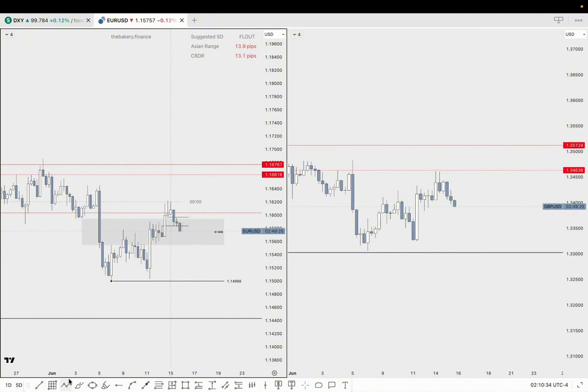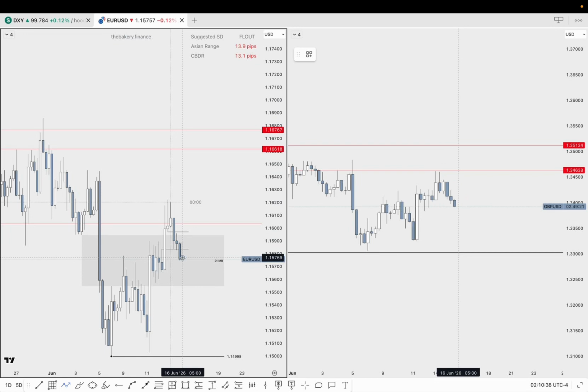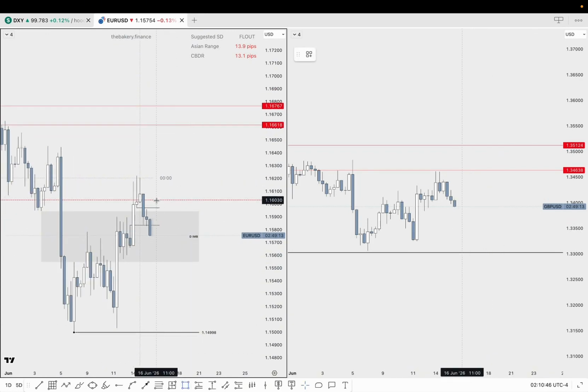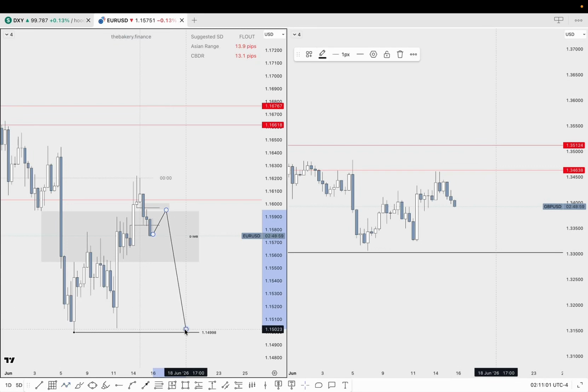So we're having something like this. If we have a closure like this, I want to see price trade back into the area, then simply expand lower from there. Meanwhile, we still got this 6 hour imbalance here, where after we get the closure of this, we could see price trade back into the area from here, probably like this.